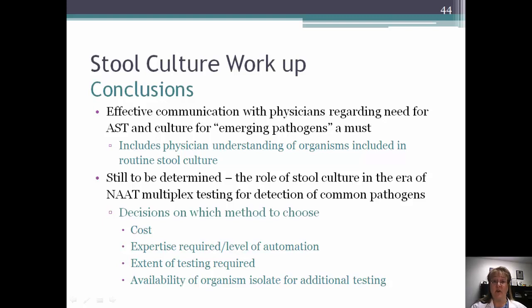What's the extent of testing required? Do I need to know that a patient has sapovirus in their stool? Or is it more important for me to know the basic Salmonella, Shigella, Campylobacter, and STEC? Also, again, the potential for the lack of availability of isolates for additional testing by our public health colleagues.